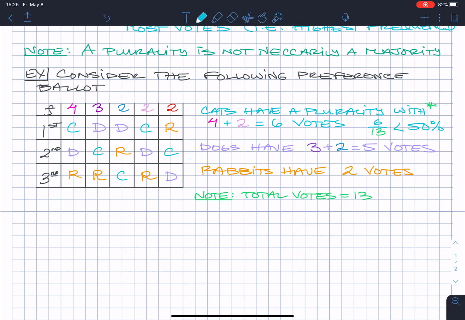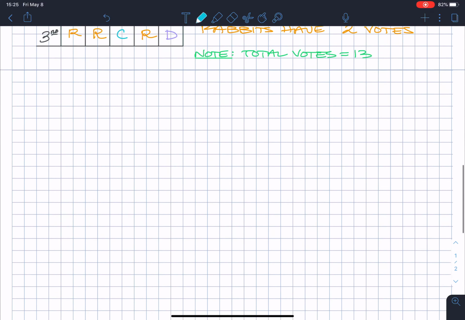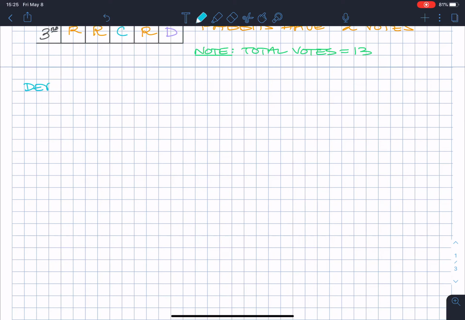Okay, so now the definition of the Condorcet criterion. That's what we're defining.